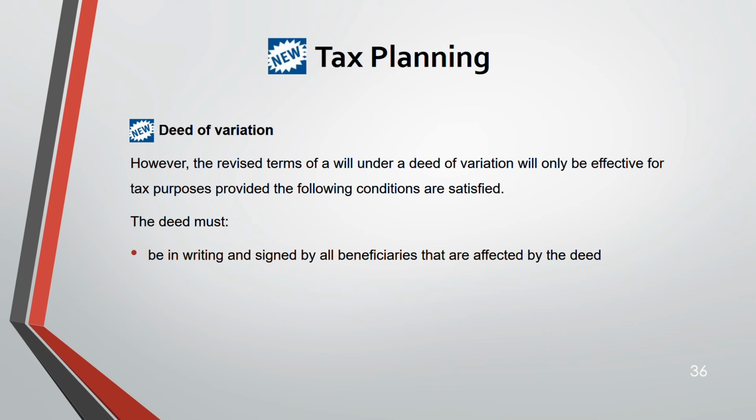However, the revised terms of a will under a deed of variation will only be effective for tax purposes if the following conditions are satisfied. Number 1 condition, the deed has to be in writing and it has to be signed by all the beneficiaries that are affected by the deed.